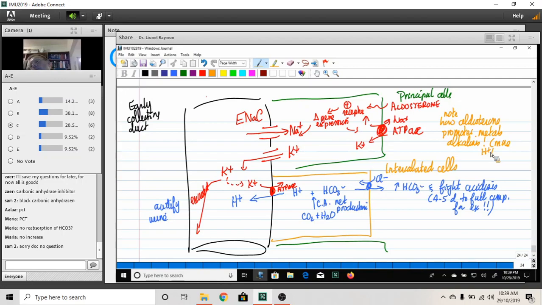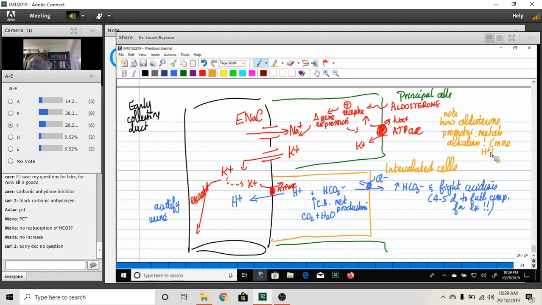So how am I going to excrete the acid that I produced? Well, in the proximal tubule, there is an enzyme called glutaminase, which is going to take the actual glutamine and is going to release some ammonia.